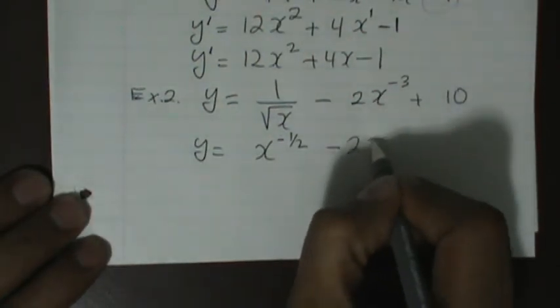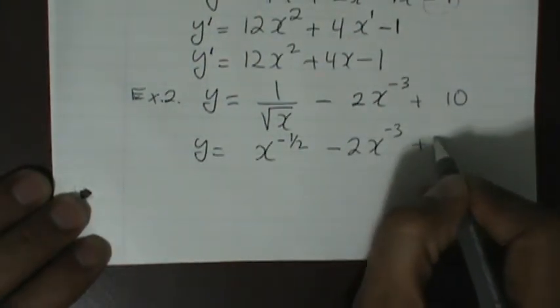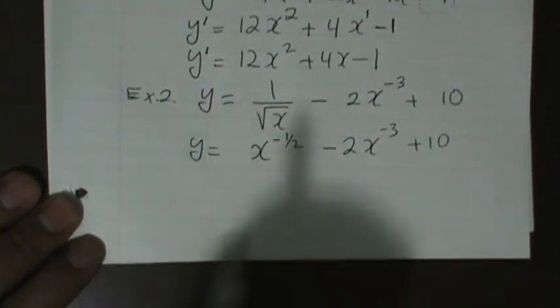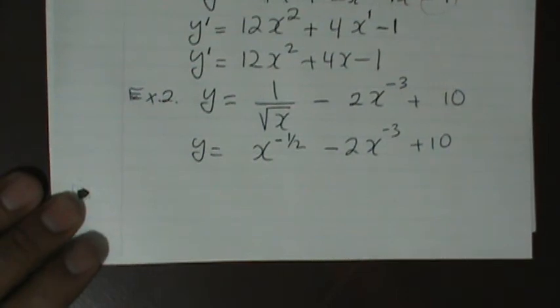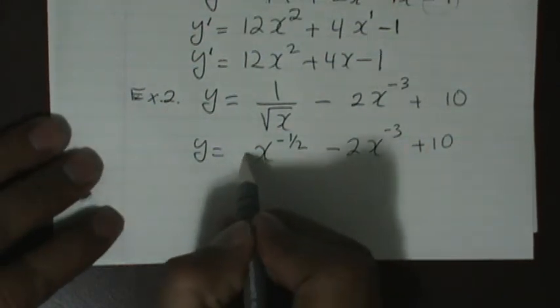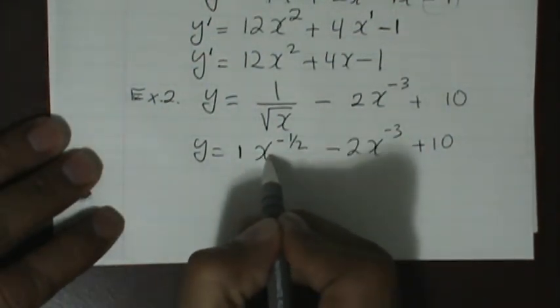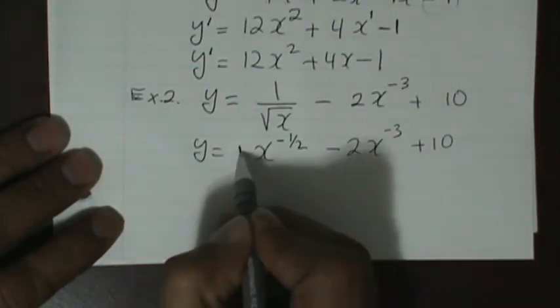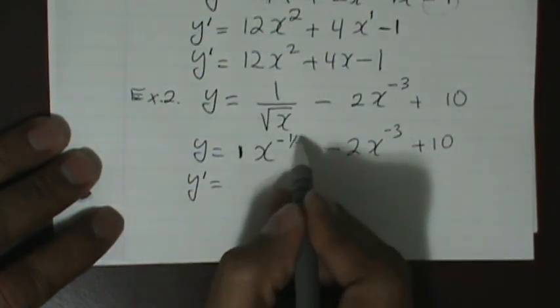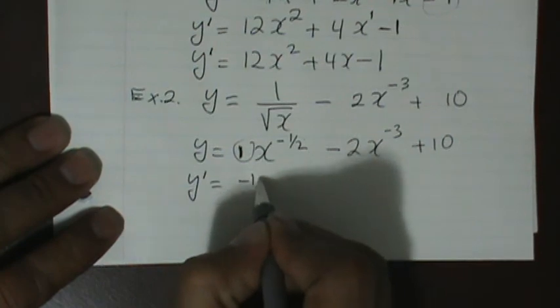So leave this as it is because it's ready for the derivative of each term using the power rule. Now, how the power rule works: the coefficient times the exponent, and we subtract 1 from the exponent. The coefficient of x to the negative half is 1. So the derivative is negative half times 1, which is negative half.